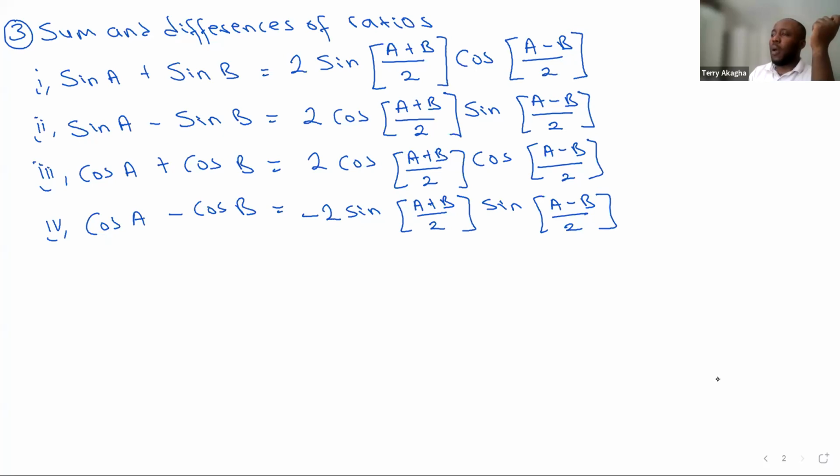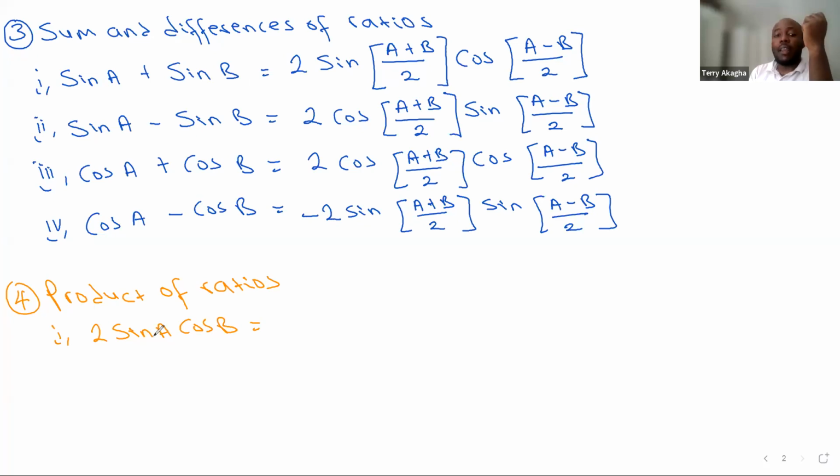Then I'm going to pick one more, the last type, product of ratios. So product of ratios. The first one we have is 2 sine A cos B. So it's a product of ratios, we're multiplying sine A cos B. So 2 sine A cos B is equal to sine (A plus B) plus sine (A minus B).